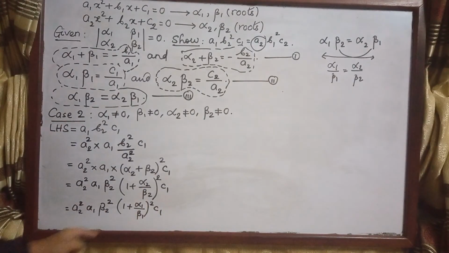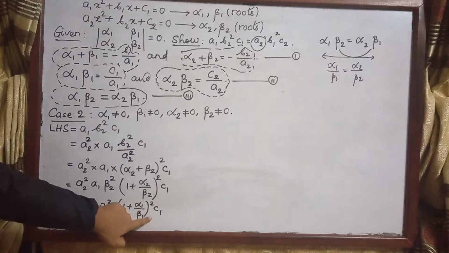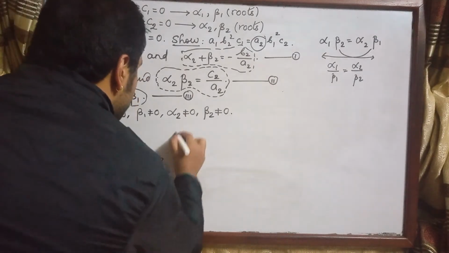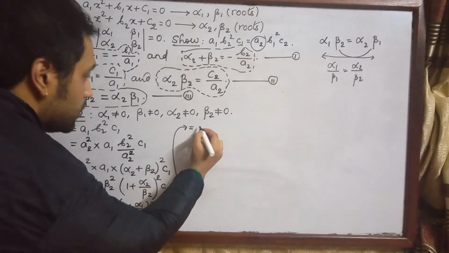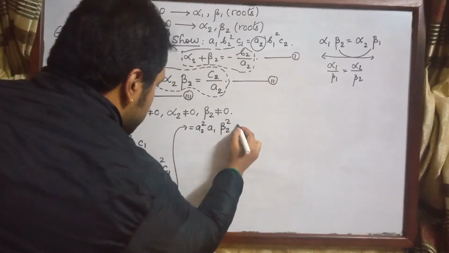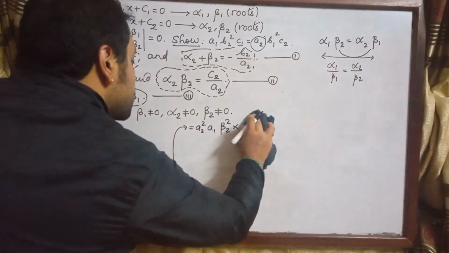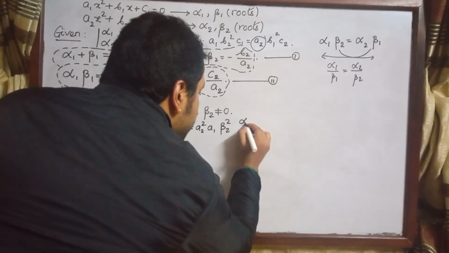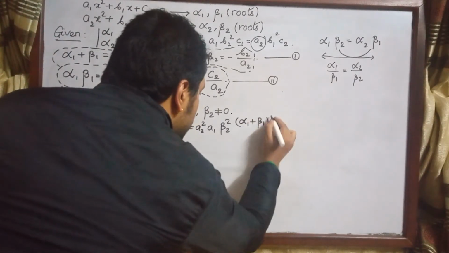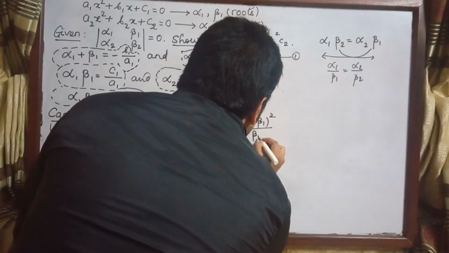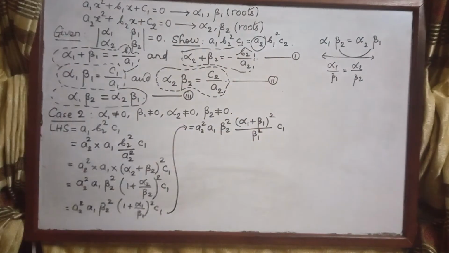Times c1. Now let's simplify this part of the expression again. What are we going to get? a2 squared a1 beta 2 squared times, if we simplify the expression inside the parenthesis, we're going to get alpha 1 plus beta 1 whole squared over beta 1 squared times c1.